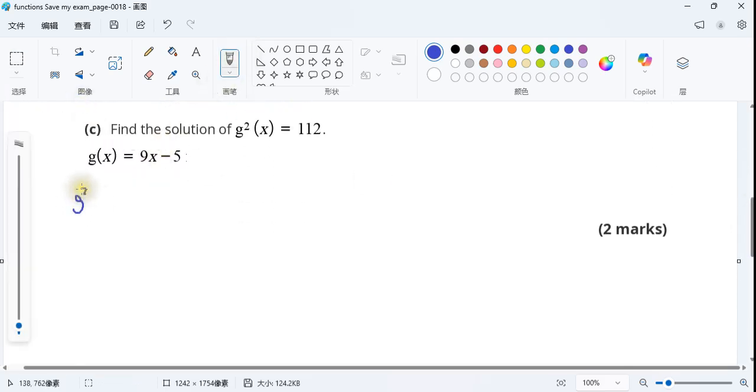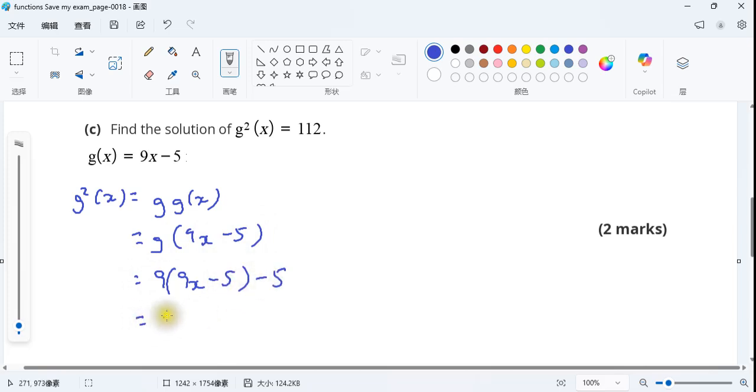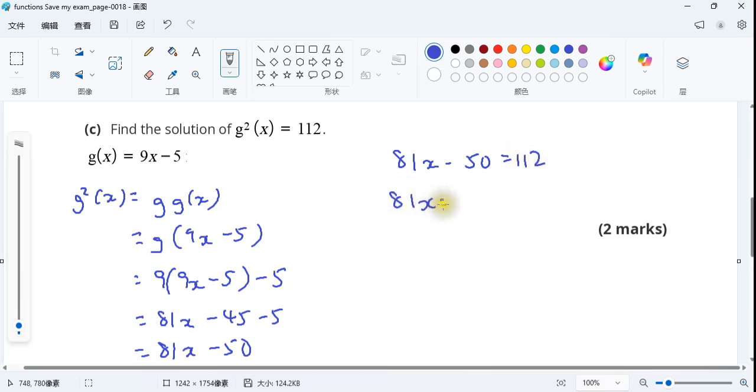Then g^2(x) is g(g(x)), which is g(9x - 5), so 9(9x - 5) - 5 = 81x - 45 - 5 = 81x - 50. So 81x - 50 = 112, 81x = 162, x = 2. So this is the solution. Done.